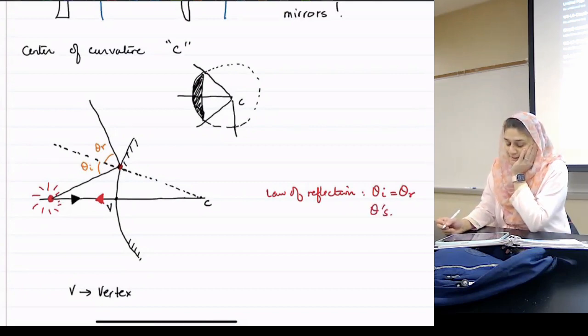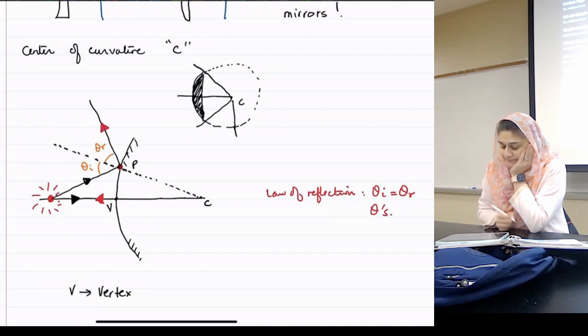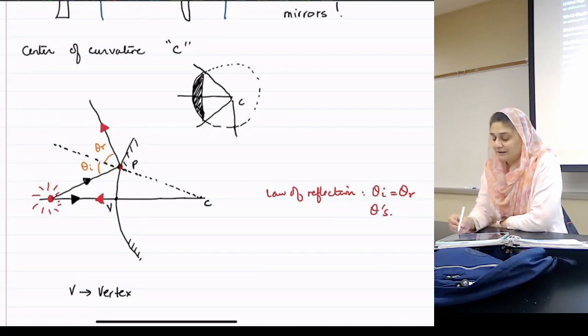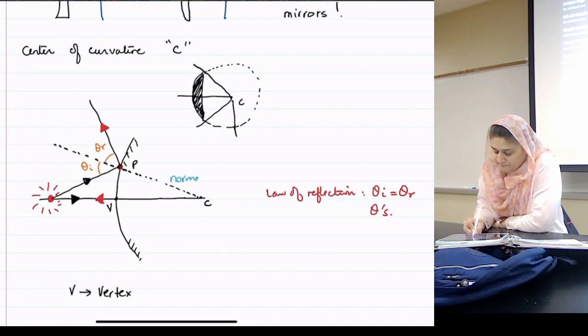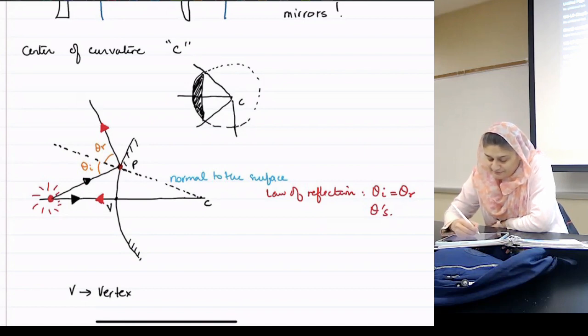So this ray goes in here, hits point P, and then gets reflected that way, where the dotted line is the normal to the surface. May I extend this reflected light ray back?